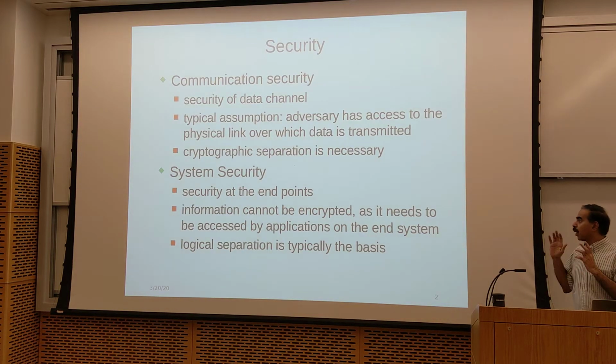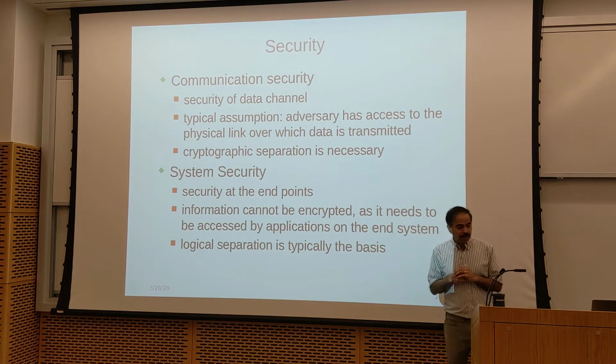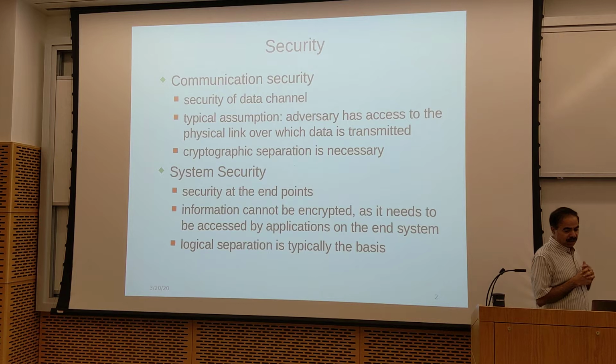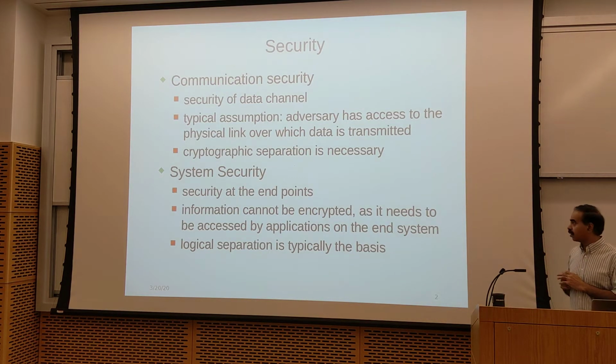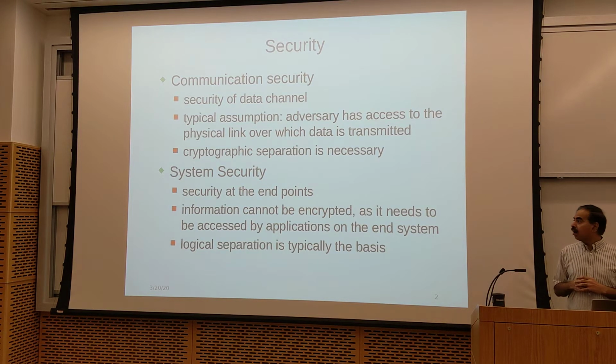When some data resides on your computer, it often is not protected based on cryptography, but it is protected on some kind of logical separation. For instance, the operating system is enforcing certain access control policies based on, say, file permissions, or your firewall is enforcing certain policies.